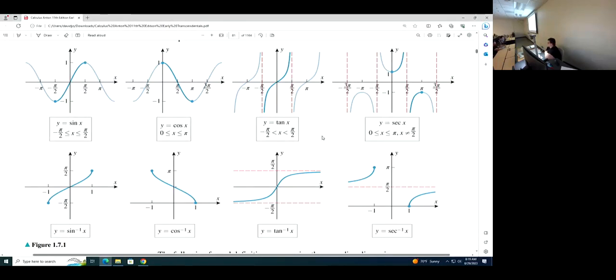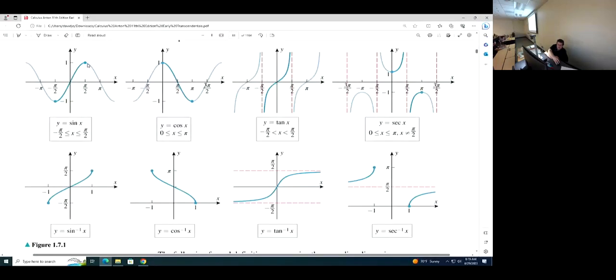There's a reason we have to place limits on the lengths of these graphs. We can't use all of sine and all of cosine, because for a function to have an inverse, it needs to map 1 to 1. So you'll notice on the sine graph from negative pi over 2 to pi over 2, it starts at the lowest value of the graph, -1, and goes up to the largest value at +1, but there is no repetition.